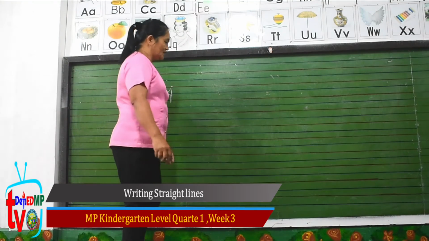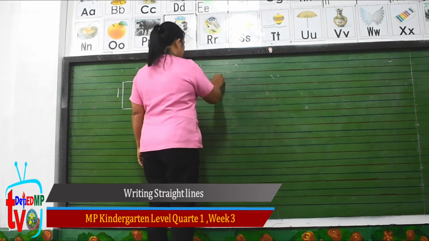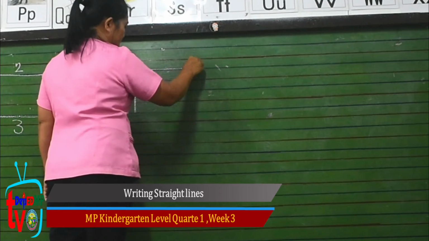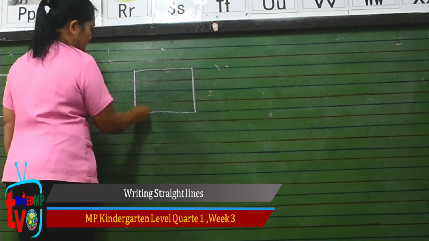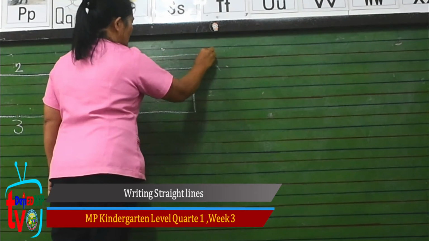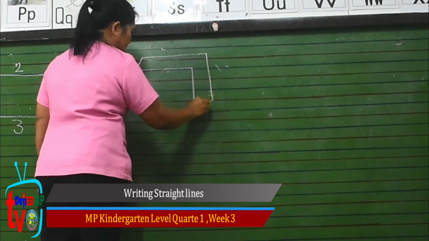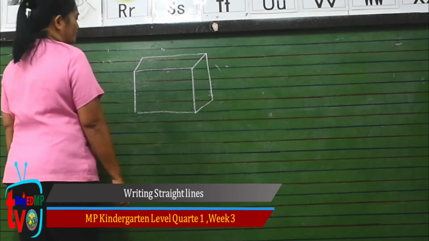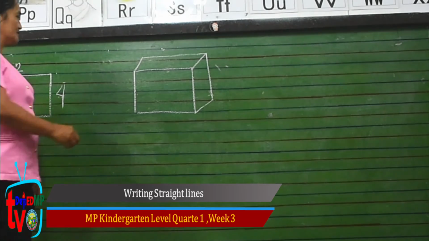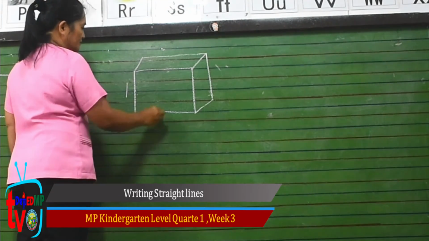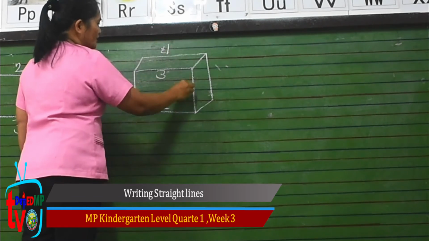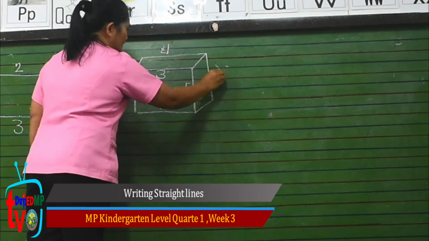Okay, let's have the next figure. It is a box. Okay, the box looks like this. How many straight lines did we use? Let's count. 1, 2, 3, 4, 5, 6.